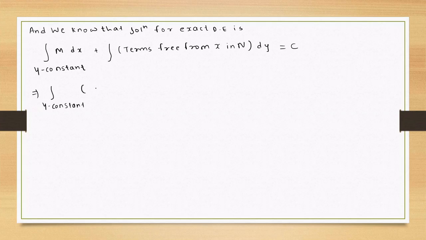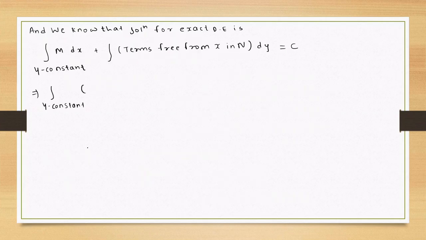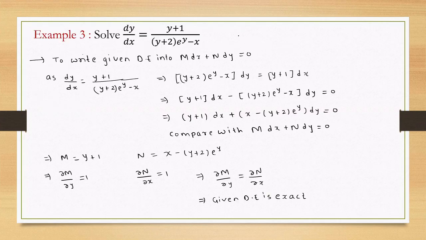What is M here? M is y plus 1, correct? It is integration of (y plus 1) dx, y treated as a constant, plus integration of the terms free from x in N. Okay, N is x minus (y plus 2) e raised to y. So we have to neglect this x because we need the terms free from x.